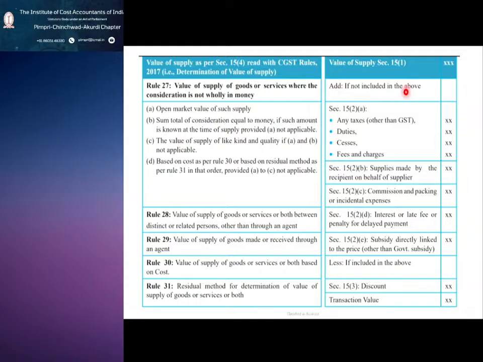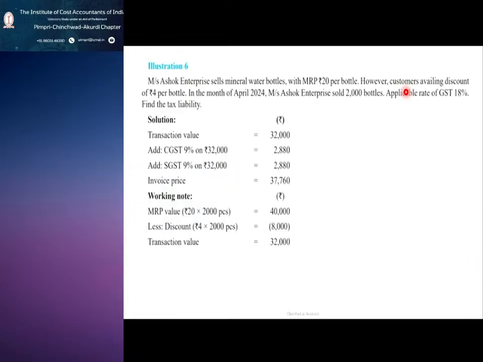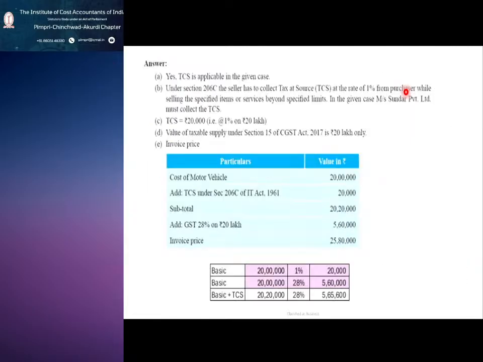When you come across TCS, the TCS value will be on 20 lakhs only; the GST will be calculated on 20 lakhs and not on 20 lakh 20,000. So this is the main point you need to understand. If this has been given separately in our material, you can refer to page number 132.